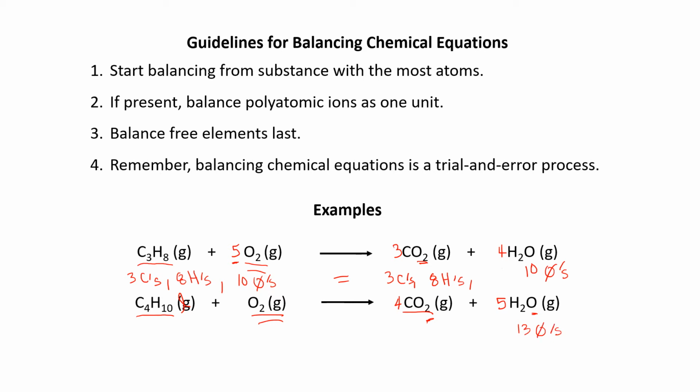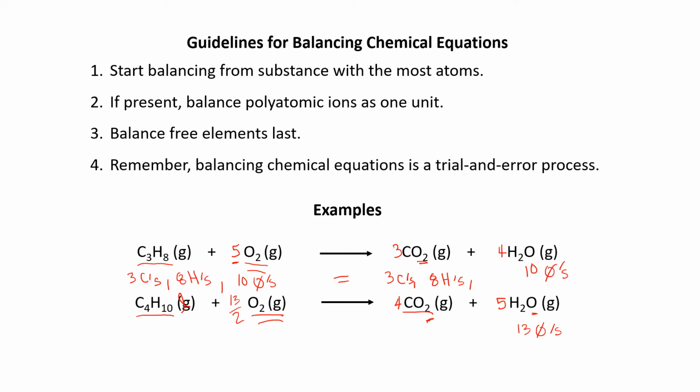So I need 13 oxygens over here. There's no way I can put a 13 right here, because that would ultimately give me 26 oxygens. But if I said 13 divided by 2, that would be 6.5, and 6.5 times 2 would give me 13 oxygens.